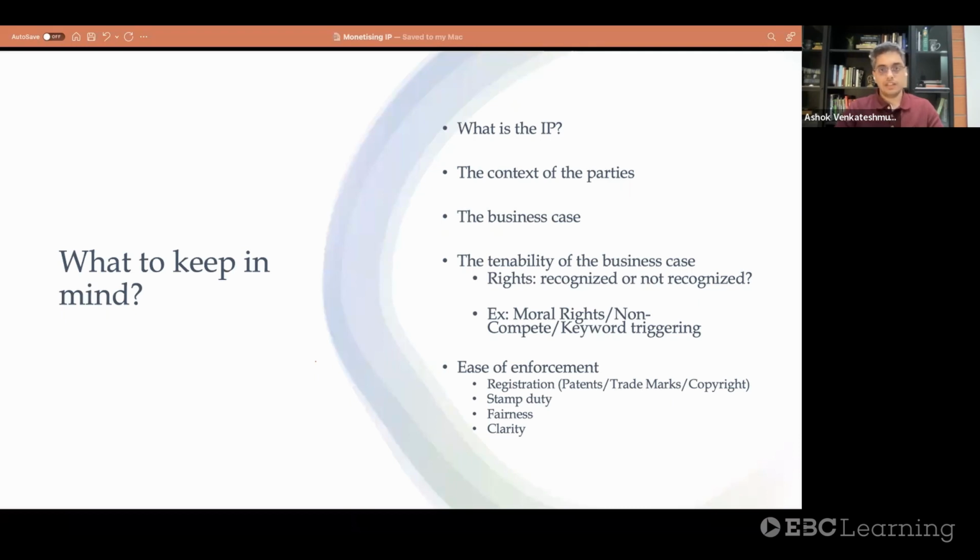Right? So the other thing to remember, of course, is that non-compete clauses could be enforceable under different jurisdictions. So if it is a cross-border agreement, choose a governing law accordingly. Right? But the business case here, which is that I want to protect the interest of my client's business for 2 years after the consultant has resigned, may not always be tenable under every jurisdiction.